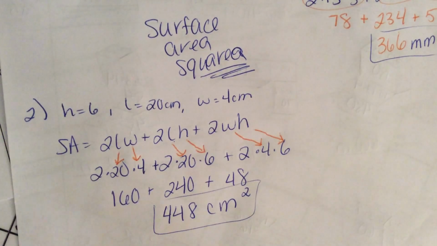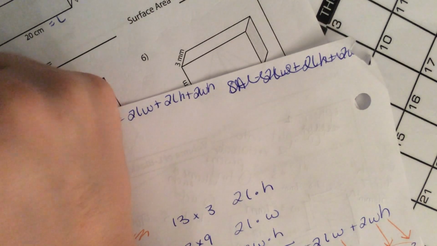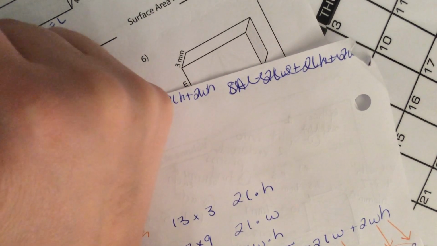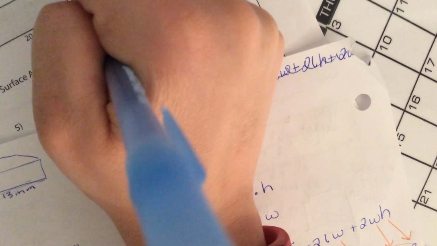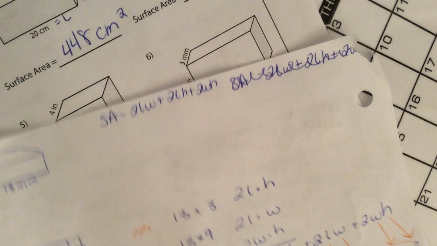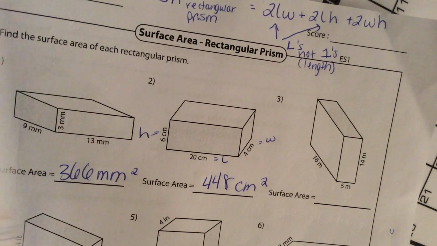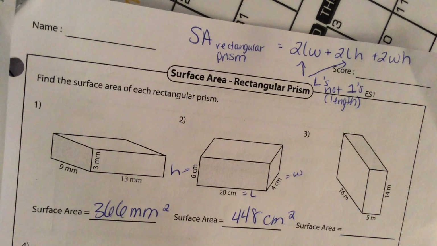So this is the last one I'm actually going to do. We had found our answers to be 366 millimeters squared, 448 centimeters squared. Okay, and you're going to do the rest. I cannot stress enough on this one. Show your work. If you're not showing your work, you're going to plug something in weird and get a wrong answer.